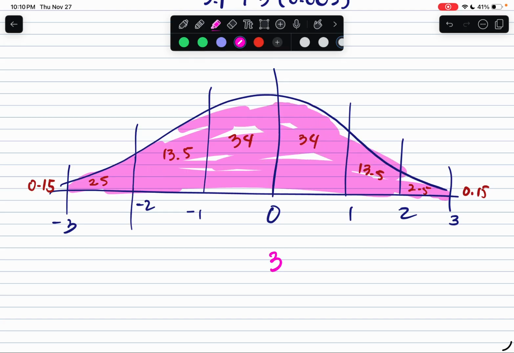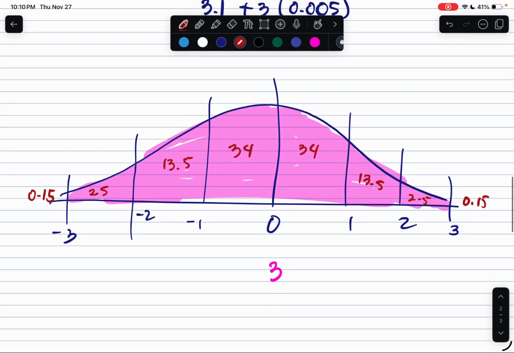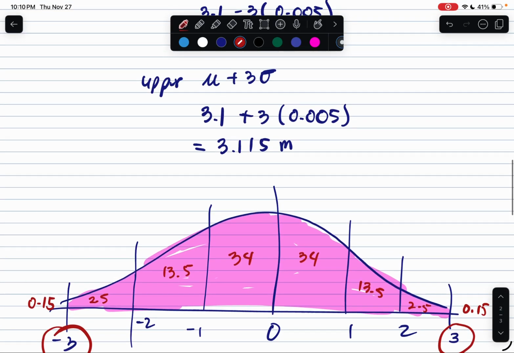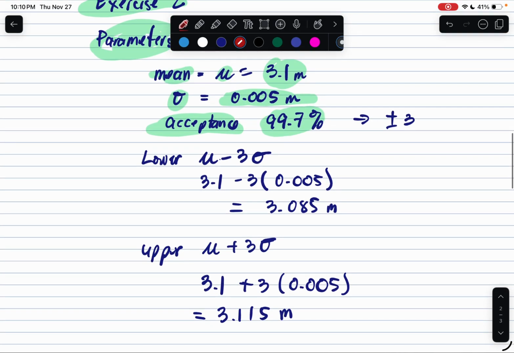So we stop at 3 and then -3, right? That is your 99.7%. So that's why I have here +3 and then -3.